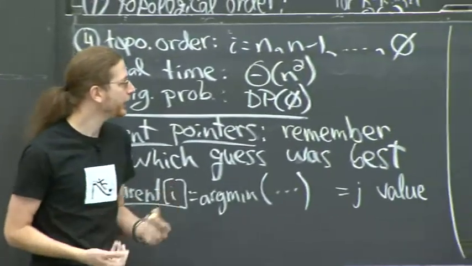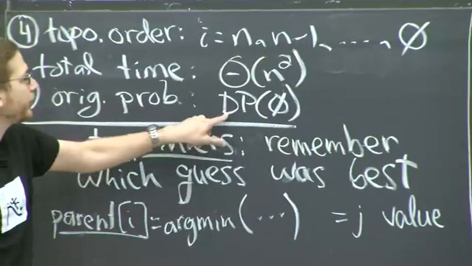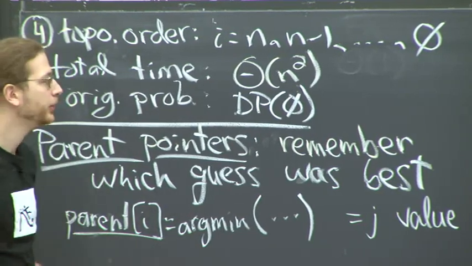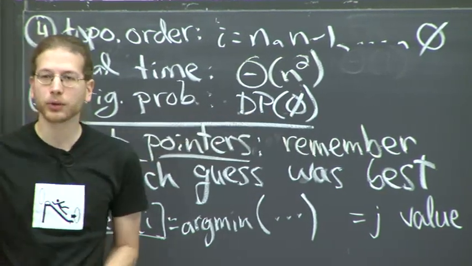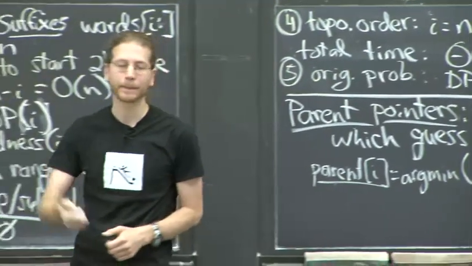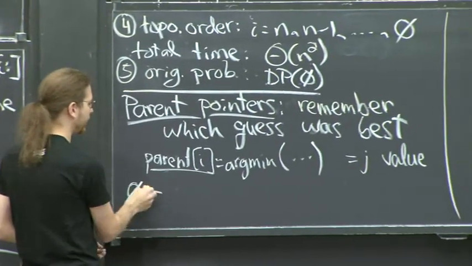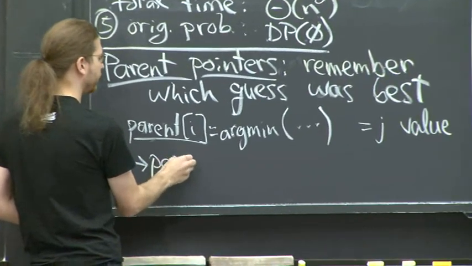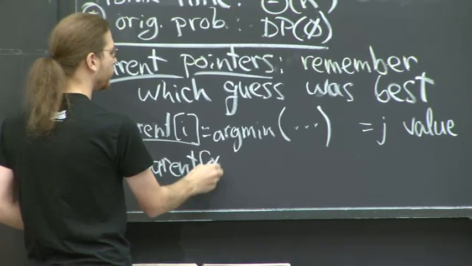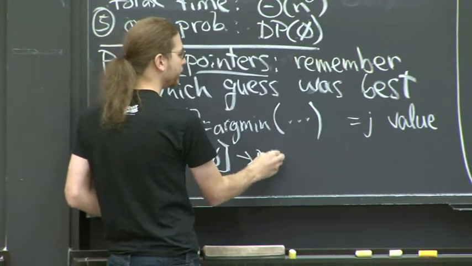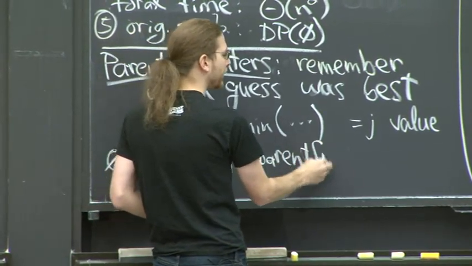And then once we're done, we start with our original problem, and we follow parent pointers to figure out what the best choices were. So we start at 0 because we know word 0 begins a line. And then, so 0 will be the first line. Then we go to parent of 0. That will be where the second line begins. Then we go to parent of that. That will be where the third line begins.